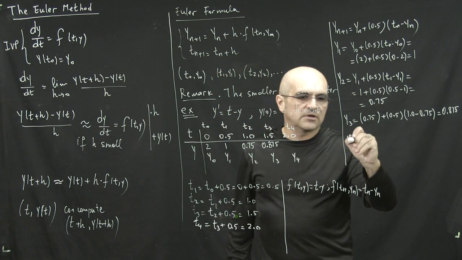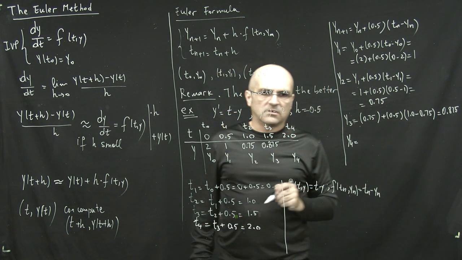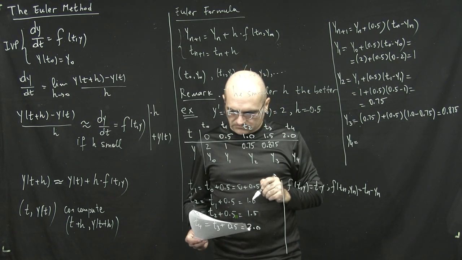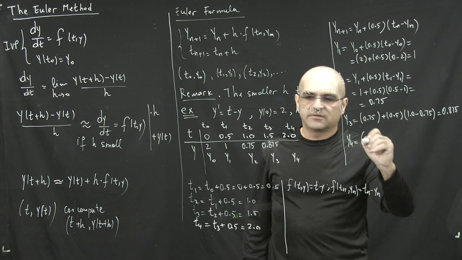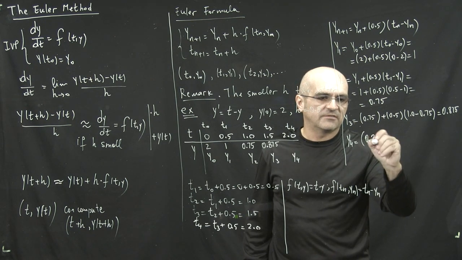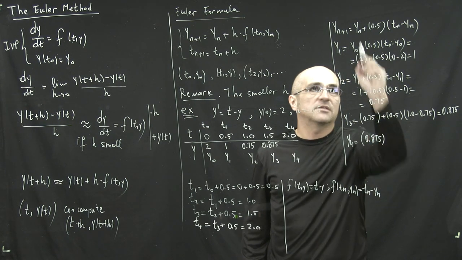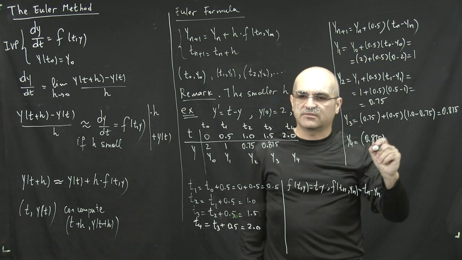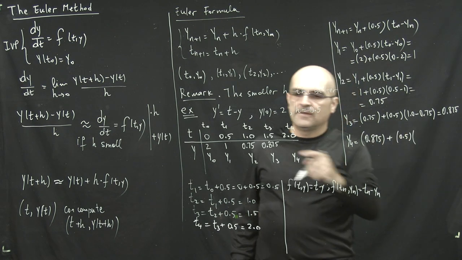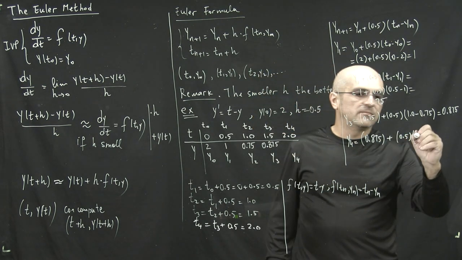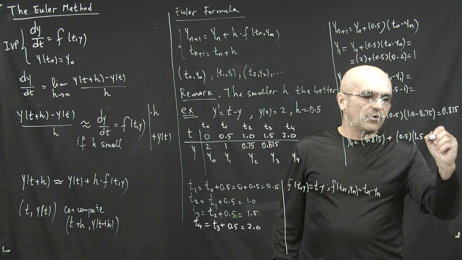By the same token, y4 equals the previous value, 0.875, because you plug in the y value here, so yn. So 0.875 plus 0.5 times 1.5 minus 0.875.